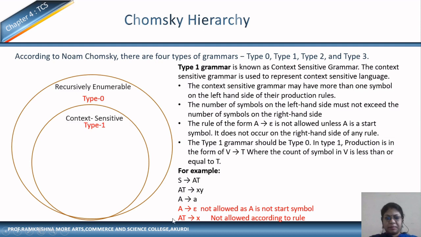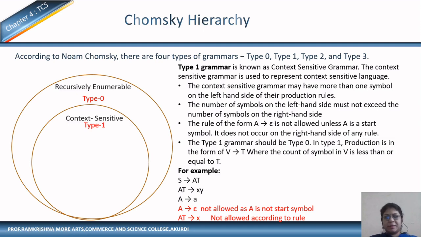But you can see the last production, AB gives X. In the LHS there are two symbols, but in the RHS there is only one symbol. So this is not allowed according to the rules. So this second rule specifies that on the LHS more symbols can be there, but the condition is that on the RHS the symbols must not be fewer than on the LHS.